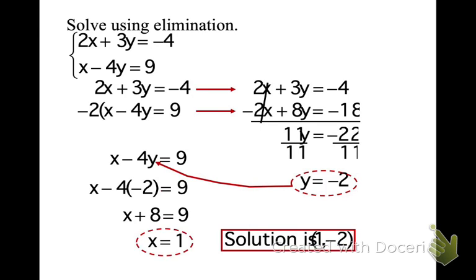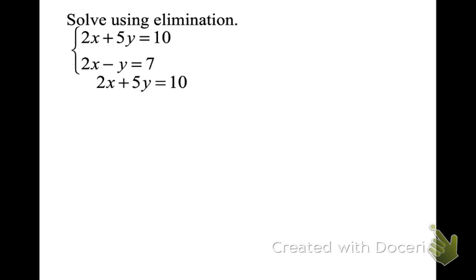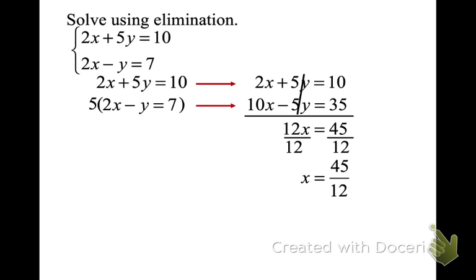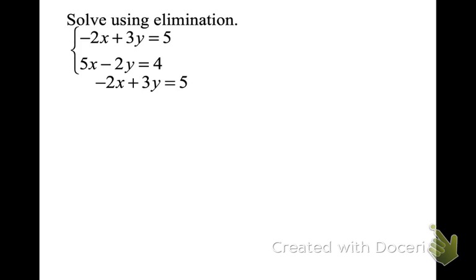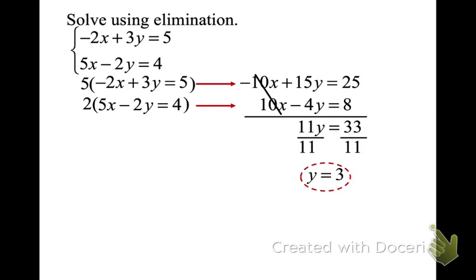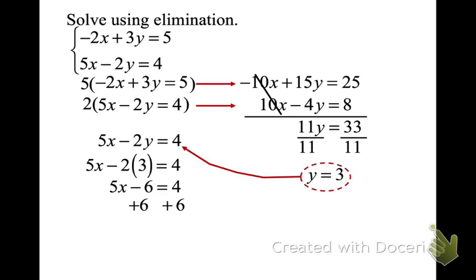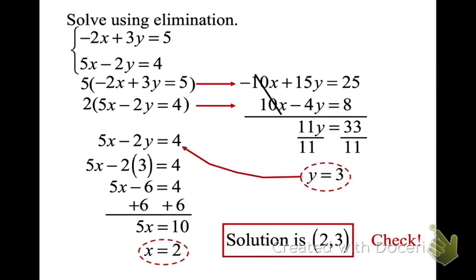And then the biggest level of difficulty was manipulating both equations because there's just no additive inverse. So the first equation I'm multiplying by 5. The next equation I'm multiplying by 2. It makes the x become negative 10x and positive 10x. And we're done. Okay. There we go. And that's our lesson.